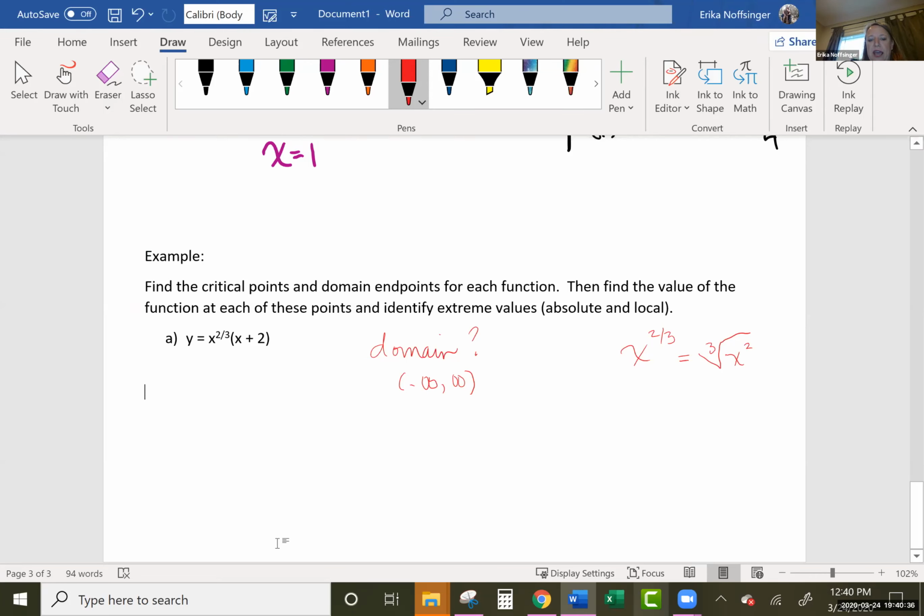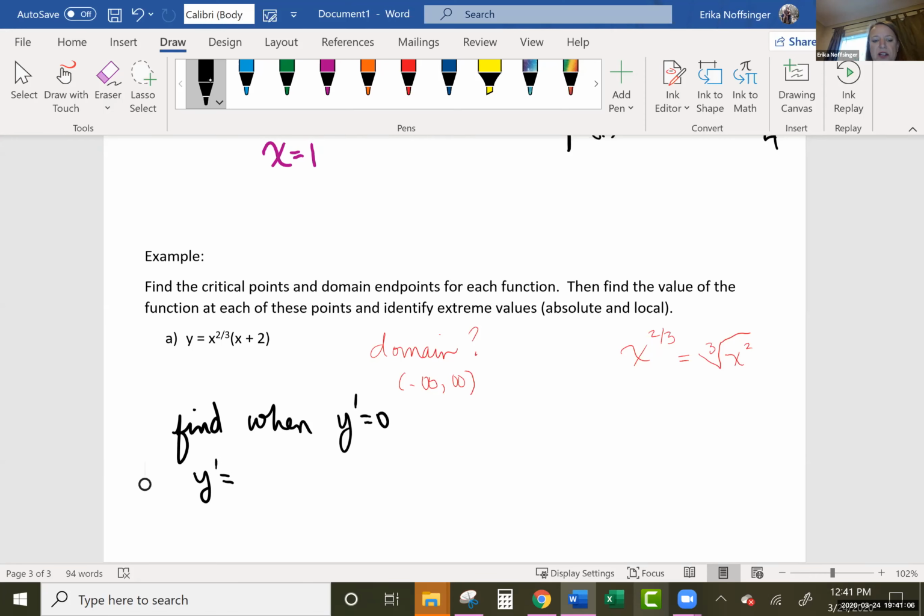Now we want to look at the derivative and find our critical numbers. We need to look at when y prime is equal to 0, or dy/dx equals 0. We're going to have to use our product rule.